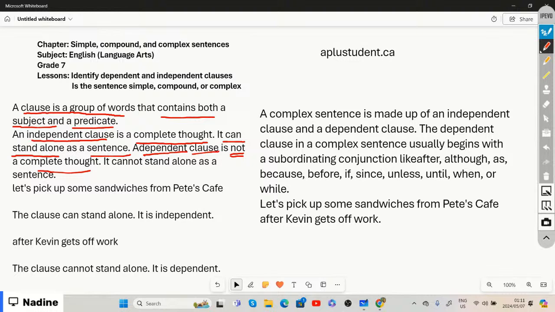So if we look at examples of both independent as well as dependent clauses, remember we said an independent clause can stand on its own, whereas a dependent clause cannot stand on its own to create a complete thought.